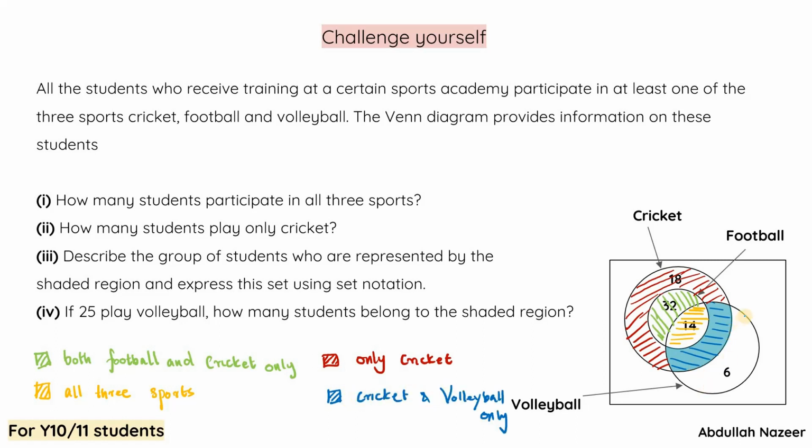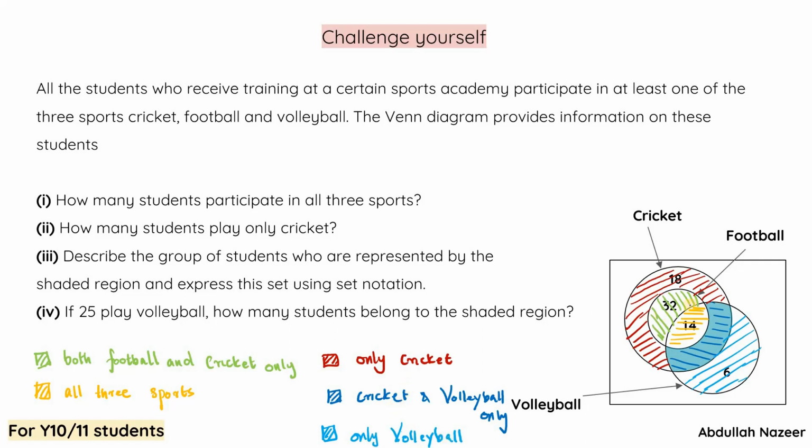Now let's think about this region over here. That region is clearly outside the set cricket and of course the set football as well. So that's only volleyball. It is always helpful to name each individual region like this, at least when you're practicing set questions, just to get yourself more familiar with how a Venn diagram works.